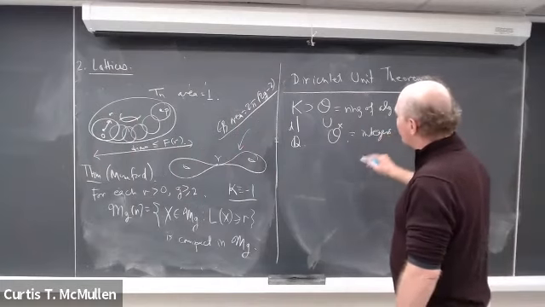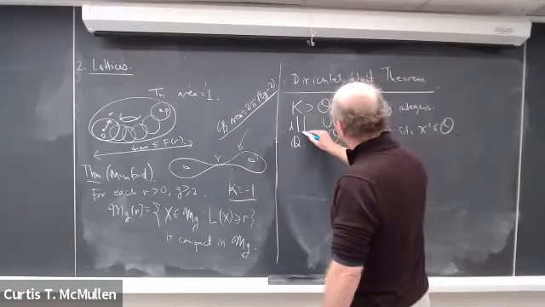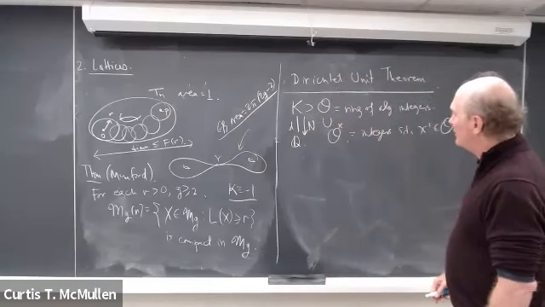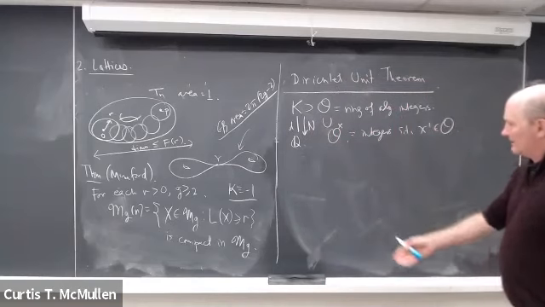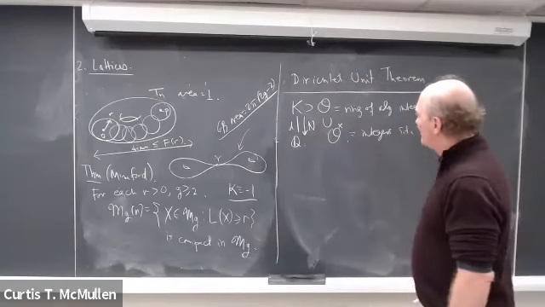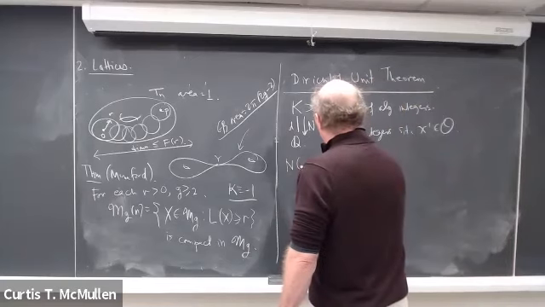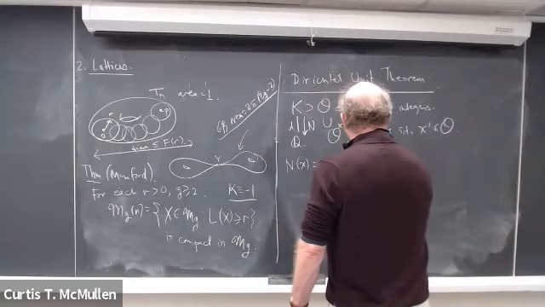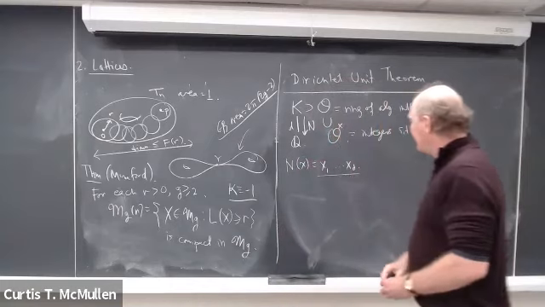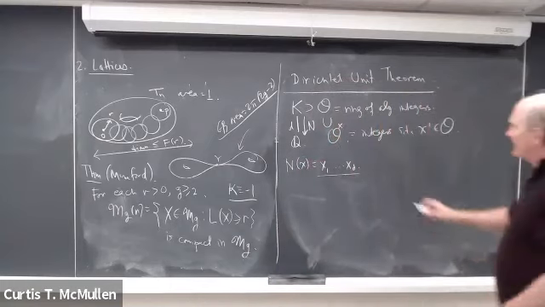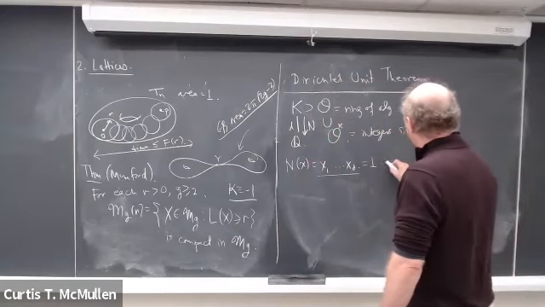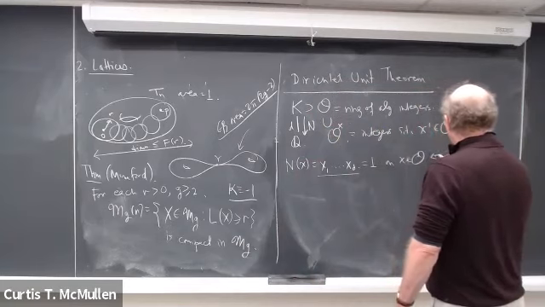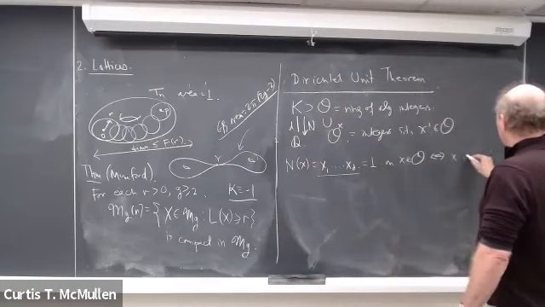And these units are easily recognized because we have the norm map going from K down to Q, which, when restricted to the multiplicative group, is a homomorphism. The norm of a given element x is the product of its various Galois conjugates, x1 up to xd. And this is equal to plus or minus 1 on x in O if and only if x is a unit.